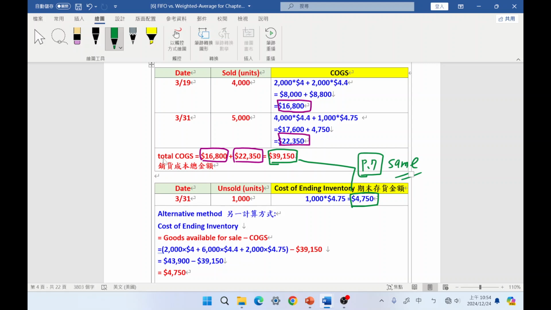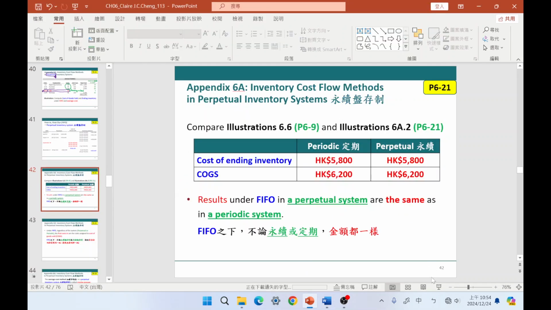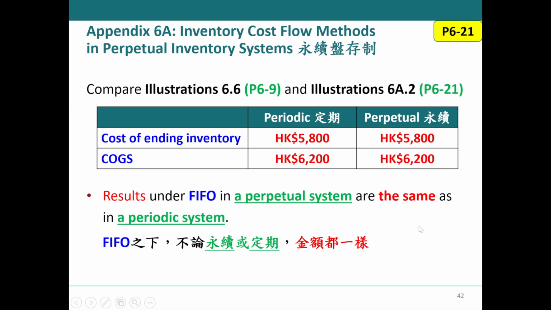No problem. Then let's go to our last method and the most complicated method. No problem? Okay, so please go to your slide, page 42. I just mentioned, when you compare periodic with perpetual, when you use FIFO, you will get the same answer.